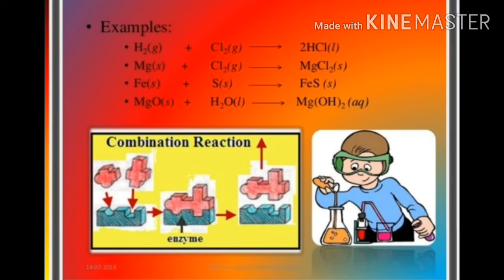Fe means iron solid reacts with sulfur solid to produce FeS, iron sulfide solid. Magnesium oxide solid reacts with liquid water to produce magnesium hydroxide aqueous solution. Children, in all these examples, two substances combine to produce a single product. So these all are examples of combination reaction.